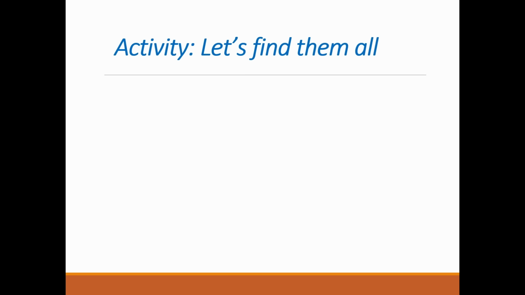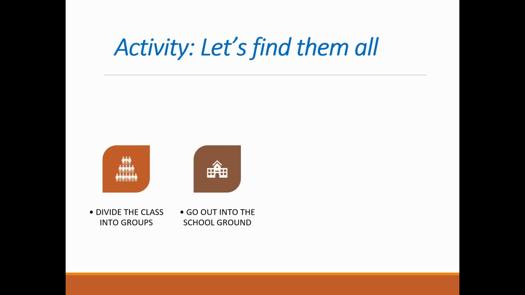Here in this video, we can see another activity. Let's find them all. In this, some segments are there. So, the teacher divides the class into groups. The teacher asks the children to go out into the school ground, and then tells them to identify 5 insects.